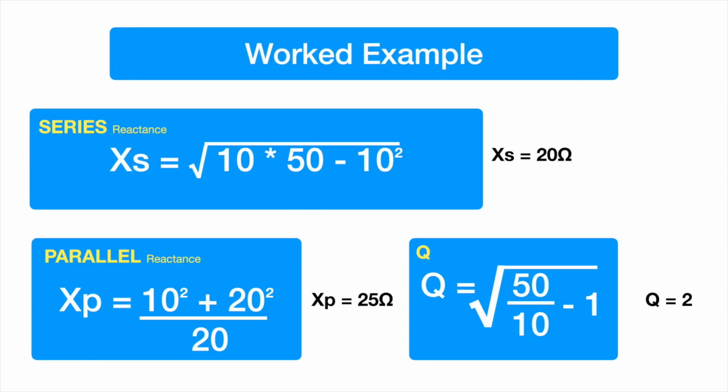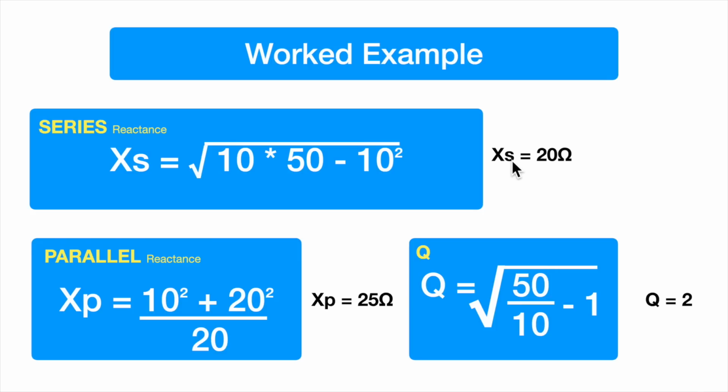So the series reactance will be the square root of the source, 10, times the load, 50, minus the source squared, 10 squared. That comes out to 20 ohms. The parallel reactance, if you plug the numbers in, gives us 25 ohms. And the Q, if you do the maths there, gives us 2.